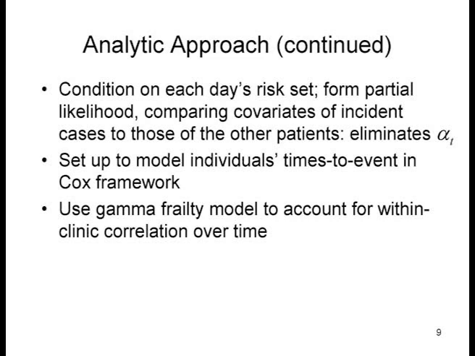The only thing we have to worry about later is accounting for the correlation within clinic over time. So we just add a multiplier onto the front, right in here, another J sub I for each clinic, to allow for the correlation that we have within clinic across time.